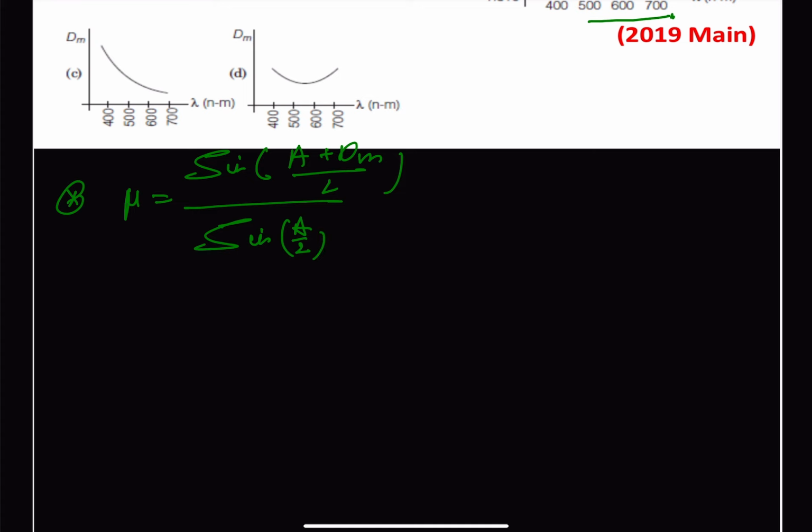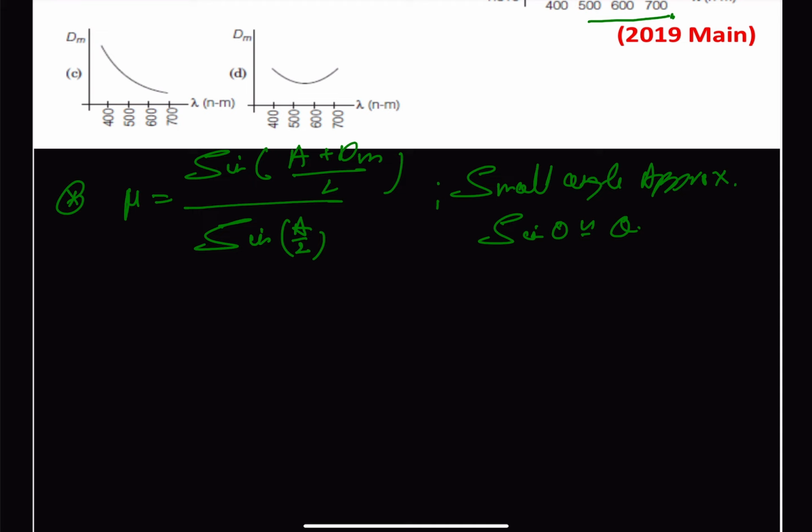And for a small angle prism, as in the question, we can use the small angle approximation, according to which sine of theta is approximately equal to theta.